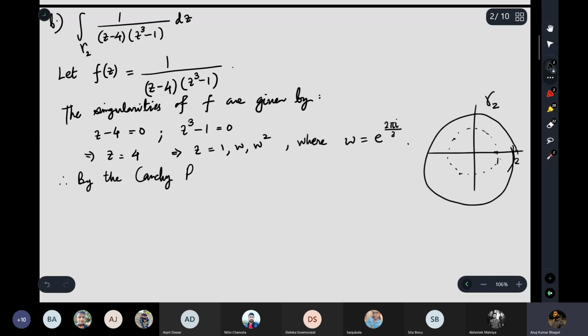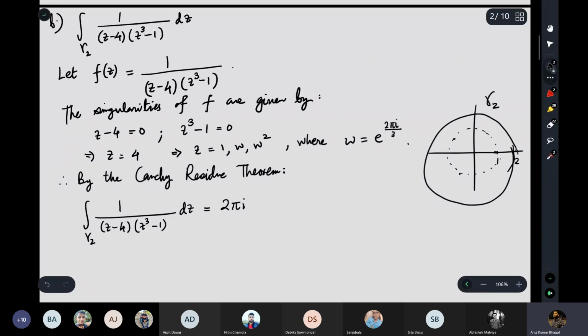Cauchy residue theorem, what I know is that this integral over gamma 2 of 1 over (z minus 4)(z cube minus 1) dz is 2 pi i.